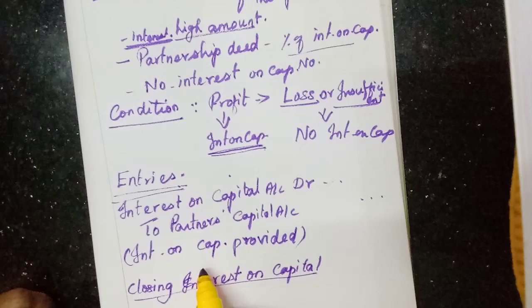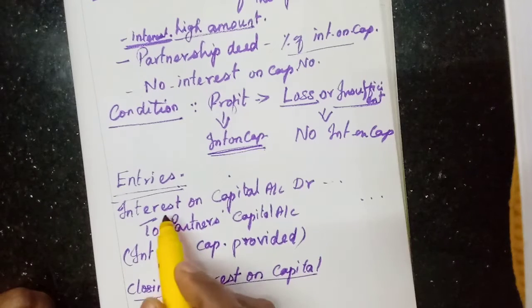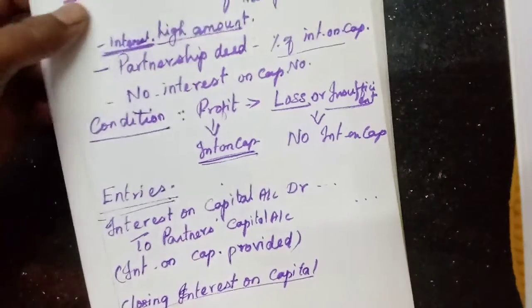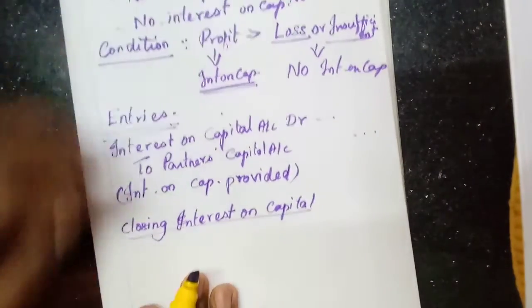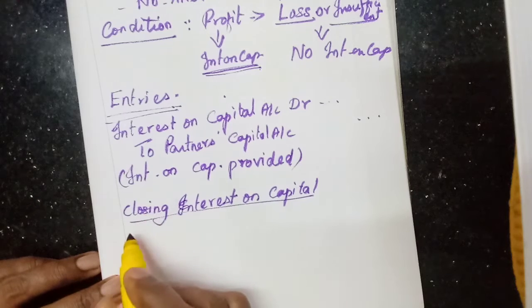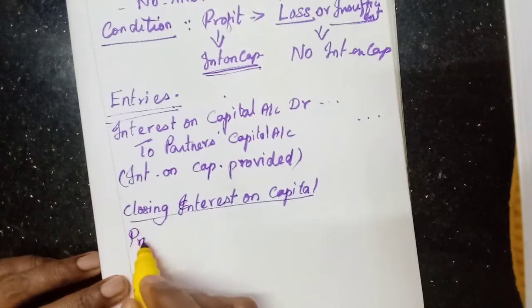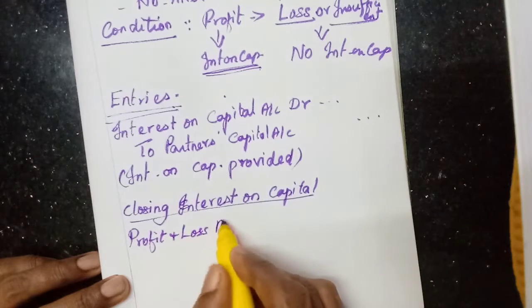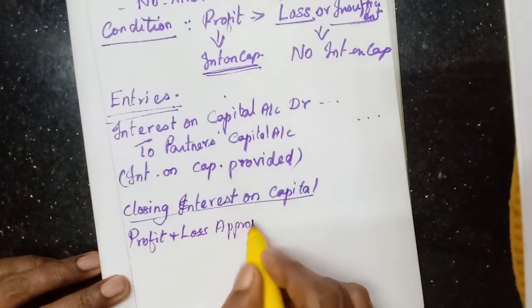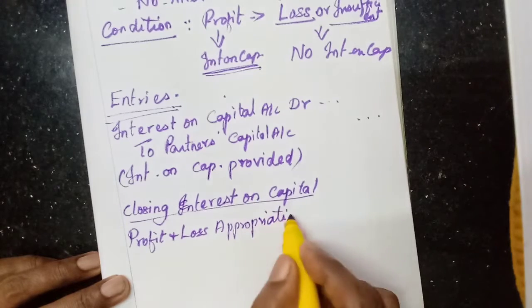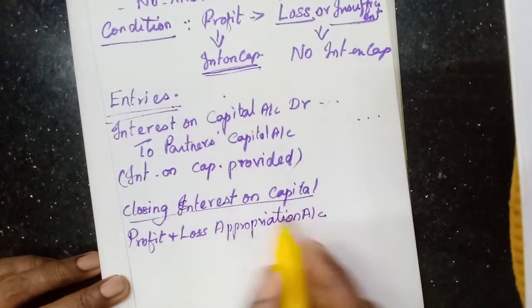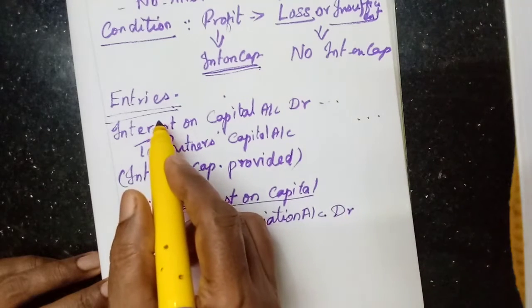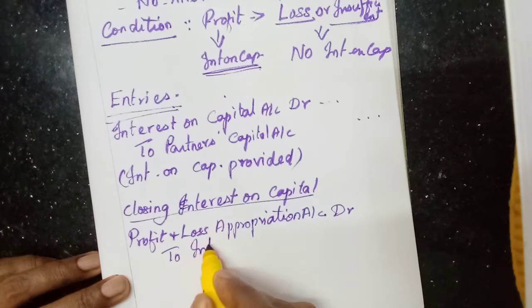What is the entry? Here this interest on capital was debited in the adjusting entry, so that should be credited. Then what should be debited? The profit. There we would debit the profit and loss account, isn't it? But here it is called the profit and loss appropriation account. Profit and loss appropriation account debtor to interest on capital. Now we are crediting this interest on capital.